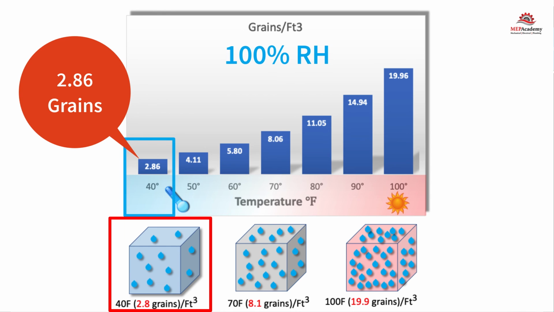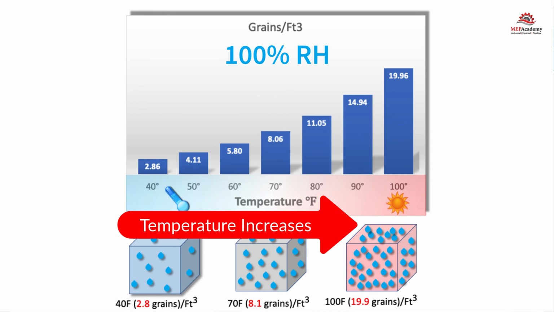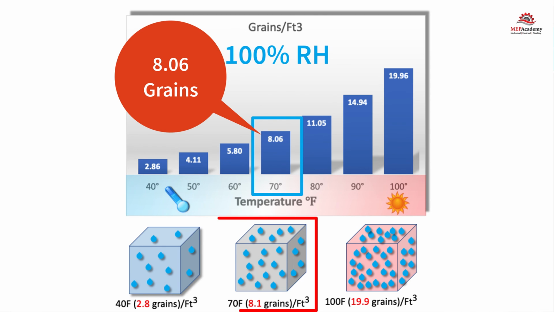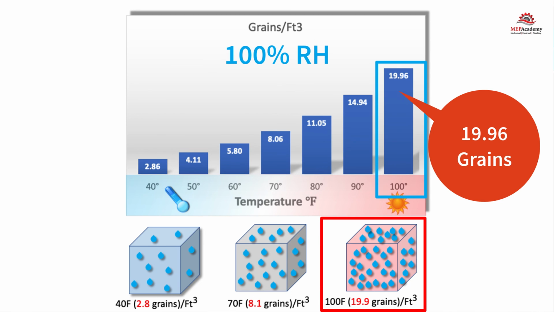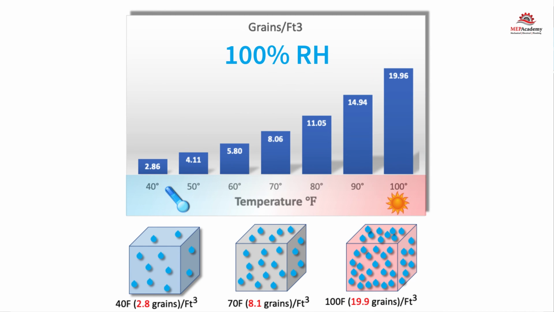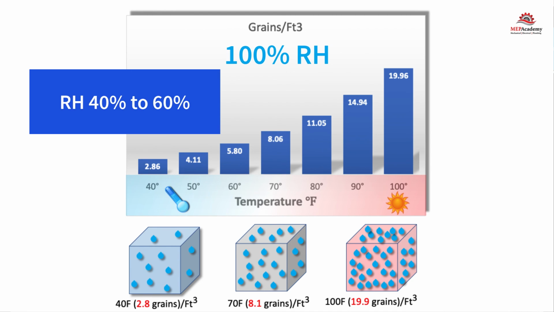But as the temperature increases, say to 70 degrees, the air can now hold 8.06 grains per cubic foot of air. And at 100 degrees Fahrenheit, the air holds 19.9 grains. So the warmer the air, the greater its capacity to hold moisture. Keeping the relative humidity between 40% and 60% for human comfort and safety is the ideal setting.